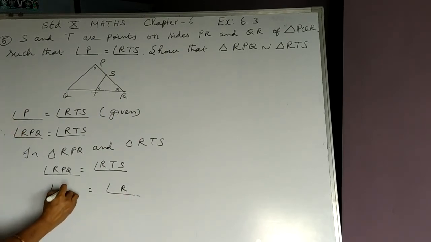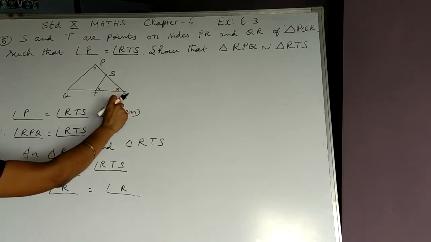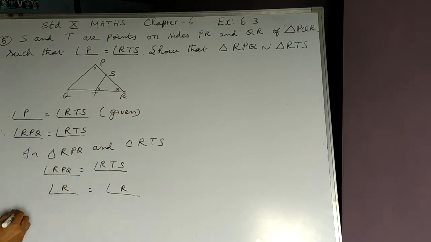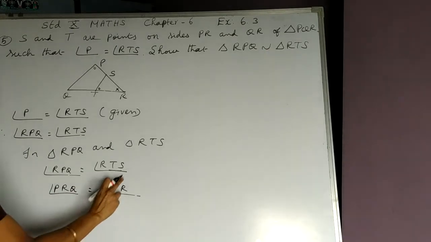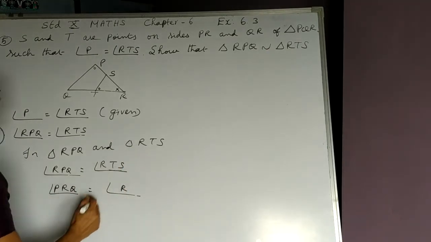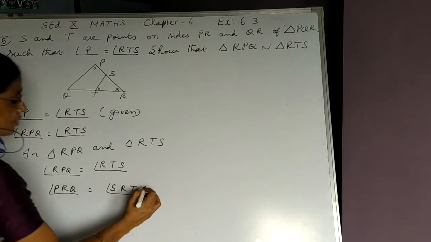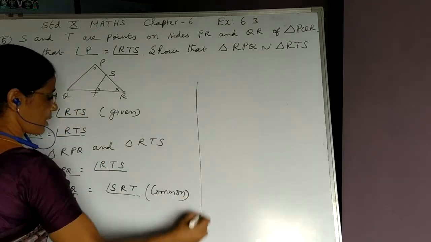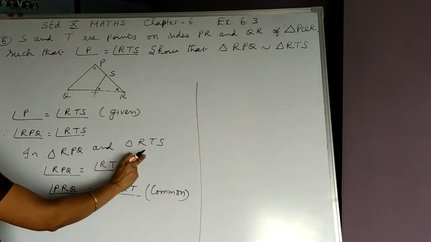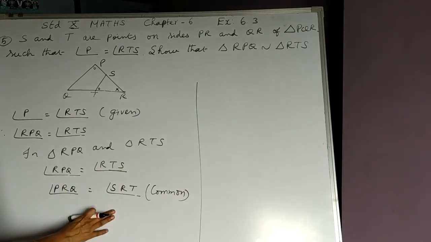How do you write R in triangle RPQ? It is angle PRQ. How do you write angle R in triangle RTS? It is SRT. Right? Same angle, or we can write it as common angle. So in these two triangles, one angle is already given in the question and one angle becomes common.